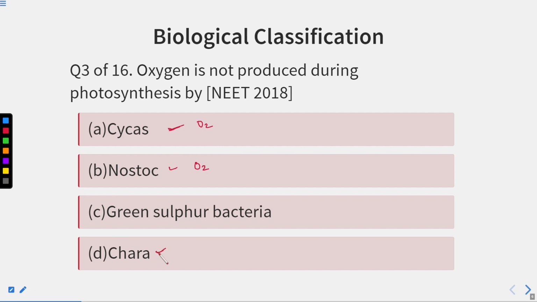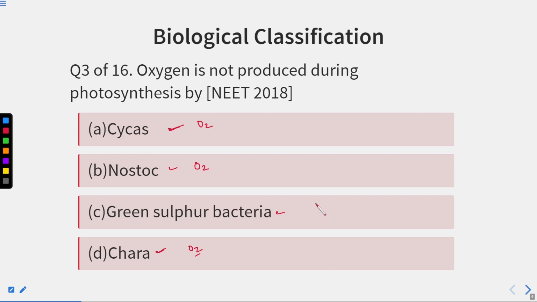If we talk about Chara, option D, Chara is a eukaryotic, multicellular algae. It also carries out oxygenic photosynthesis, which leads to the formation of oxygen. Now let's talk about option C, which is green sulfur bacteria. What is unique about them?